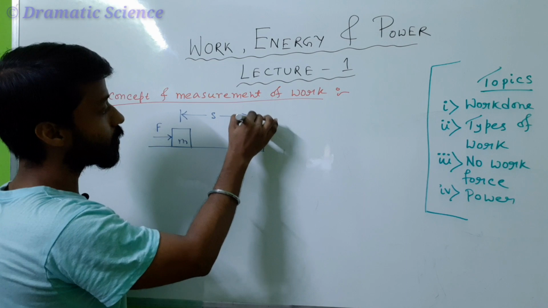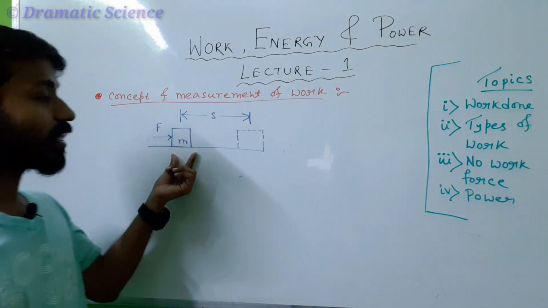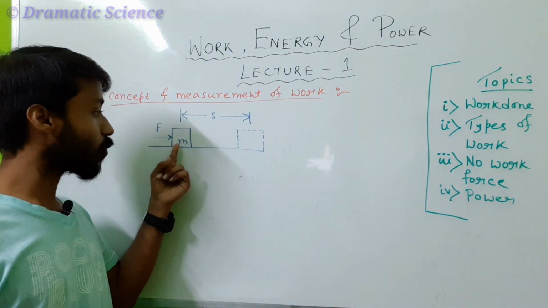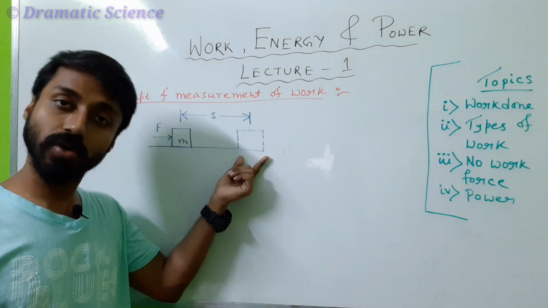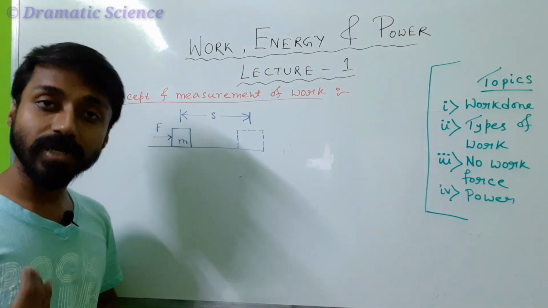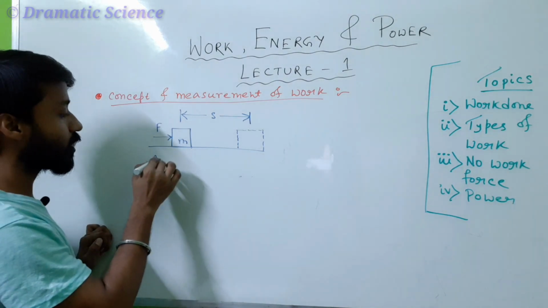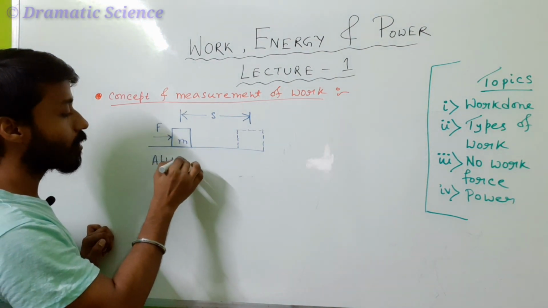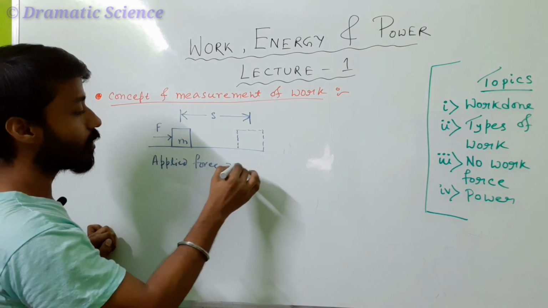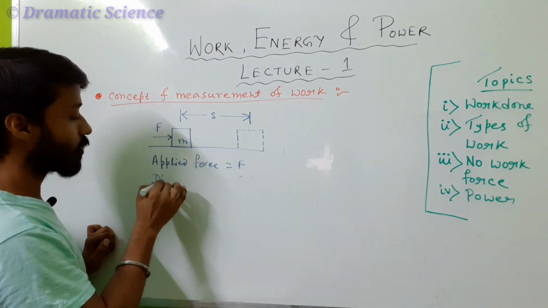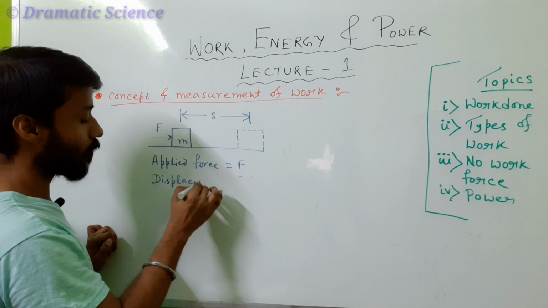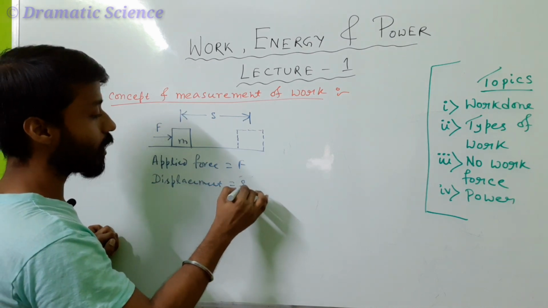S is the displacement. This one is the initial position of the body small m, and this one is the final position of the body. It displaces by applying a force capital F. So we can say applied force is F and displacement of the body is S.